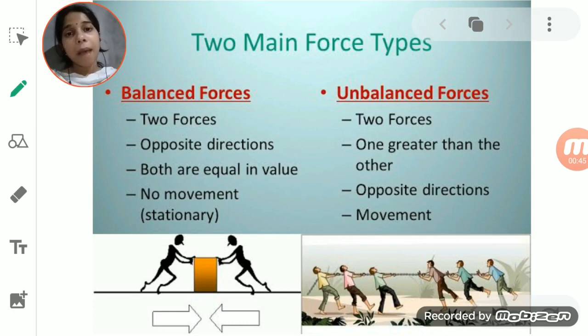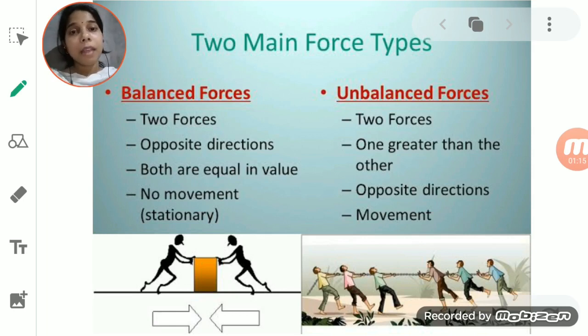In case of a balanced force, the forces applied in opposite directions are both equal, or we can say the amount of force applied by both sides on the object remains equal, and due to which there is no change in the object, or we can say the object remains at rest position. It does not move.